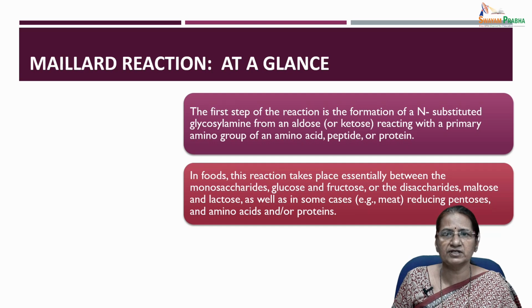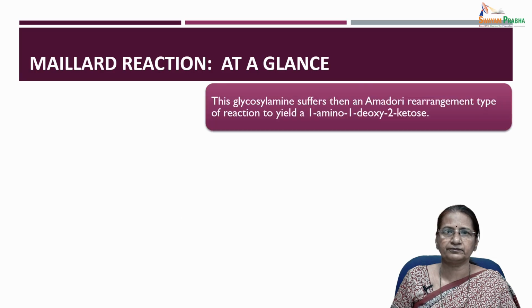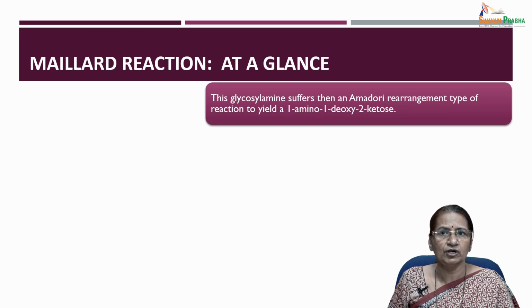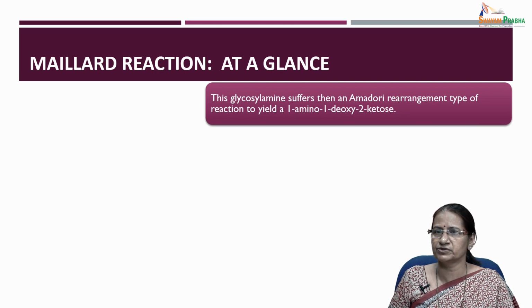In foods, this reaction takes place essentially between the monosaccharides, glucose and fructose, or the disaccharides, maltose and lactose, as well as in some cases, for example in meat, reducing pentoses and amino acids and or proteins. The glycosylamine suffers then an Amadori rearrangement type of reaction to yield a 1-amino 1-deoxy 2-ketose.